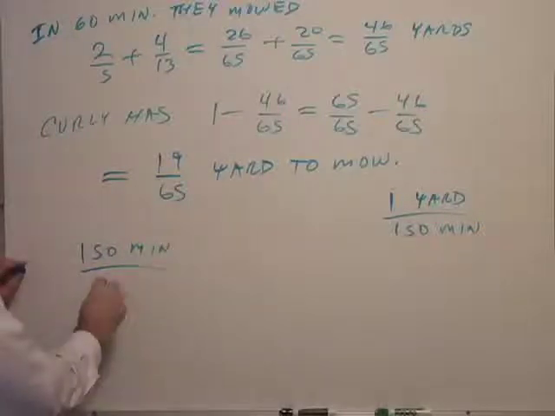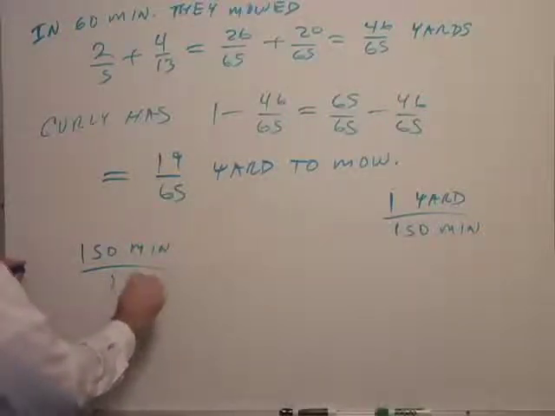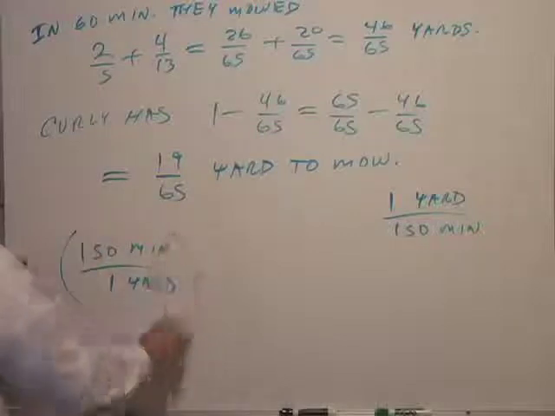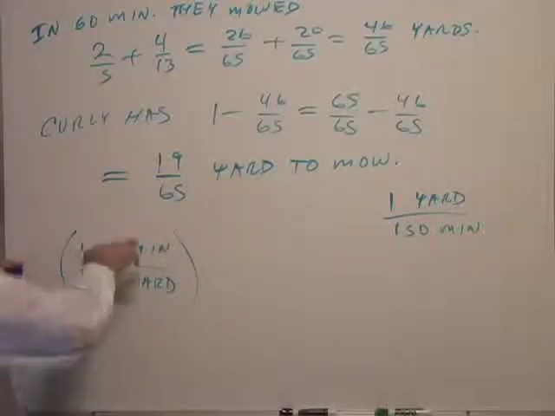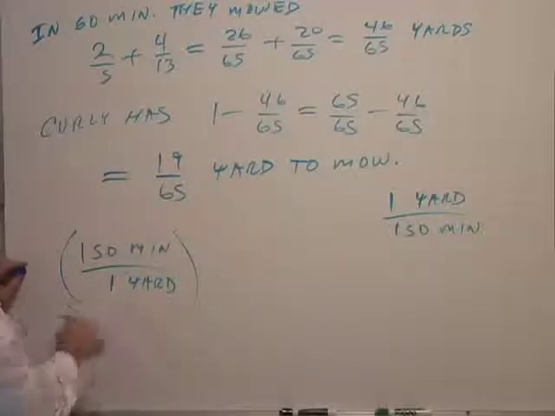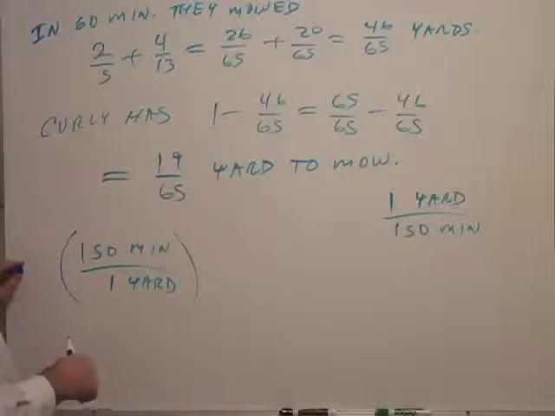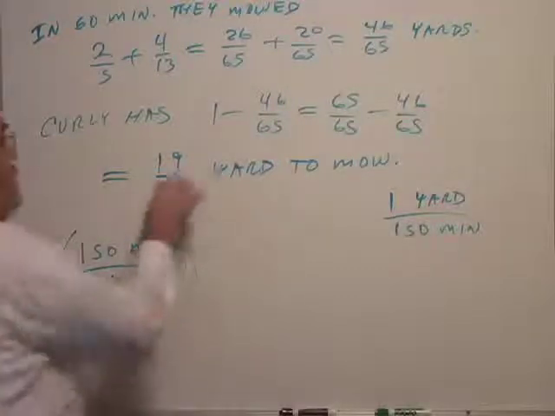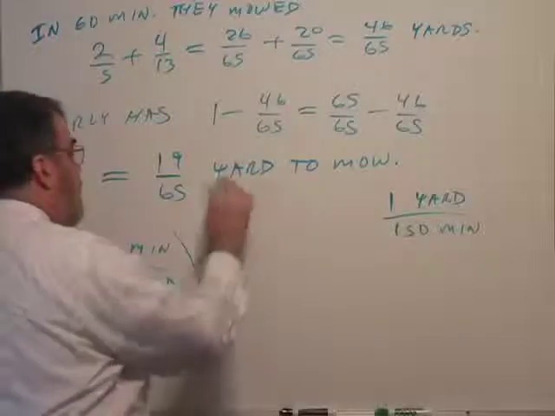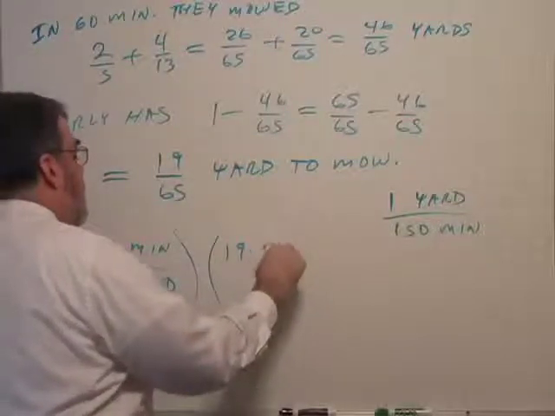It's a different kind of rate. 1 yard. And so he also mows at a rate of 150 minutes per yard. And he needs to mow 19 over 65 yards. Now, yard is a numerator.